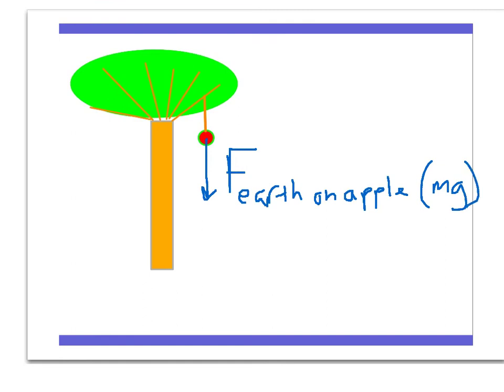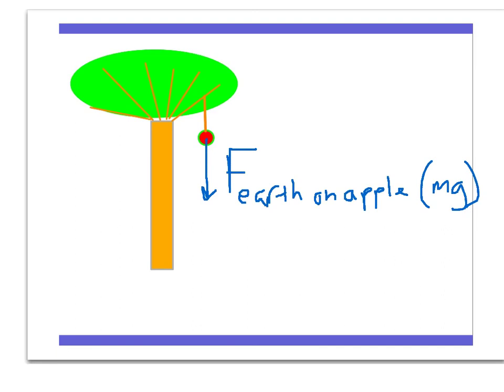And if you're asked to draw the reaction pair, the action-reaction pair, the opposite reaction to that force, a lot of you may draw some sort of tension force around the twig here.